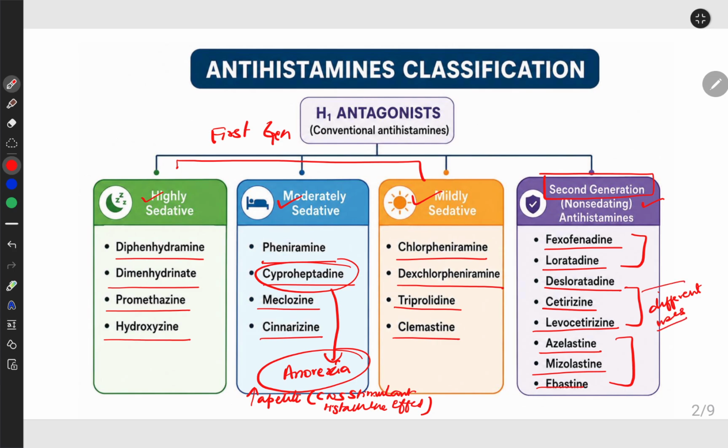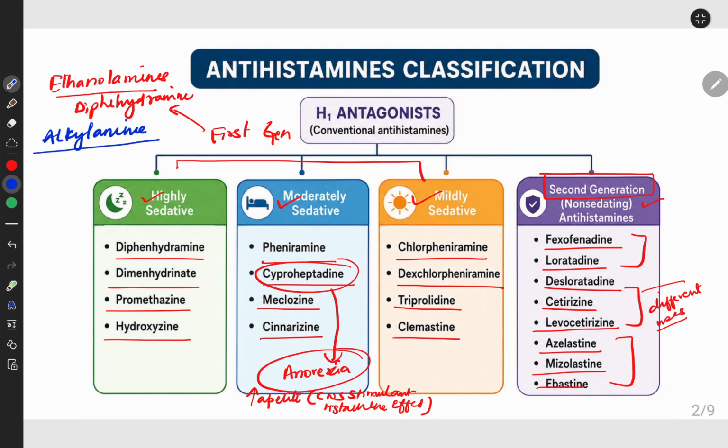The first generation antihistaminics can also be classified based on their chemical nature, and they include categories like ethanolamines, which will include diphenhydramine, or drugs like the alkylamine category, that can include drugs like chlorpheniramine, and so on.